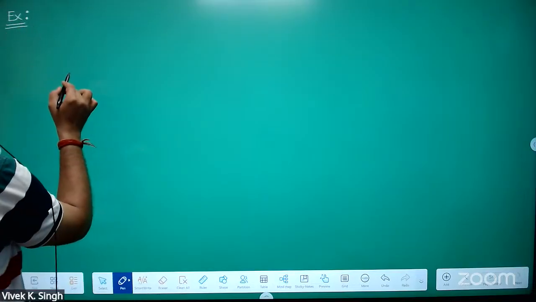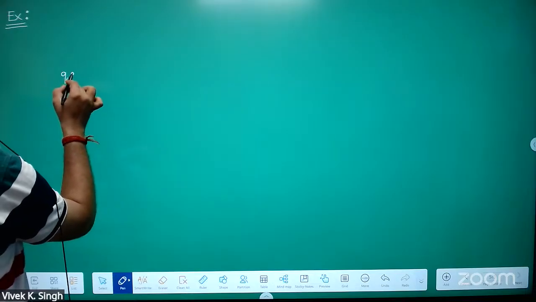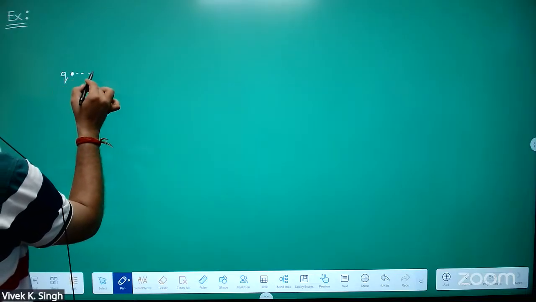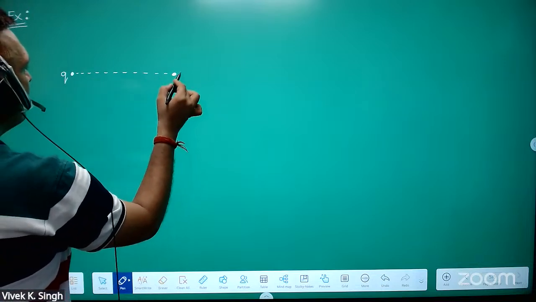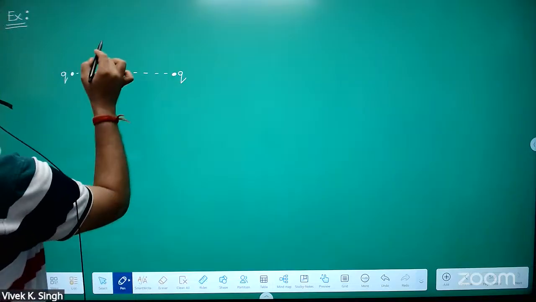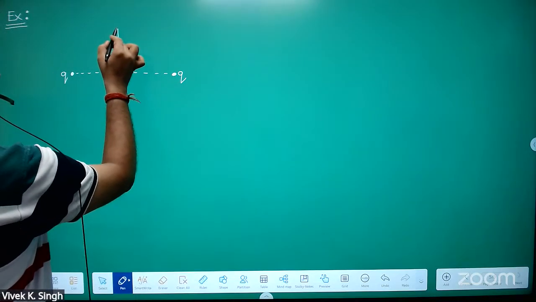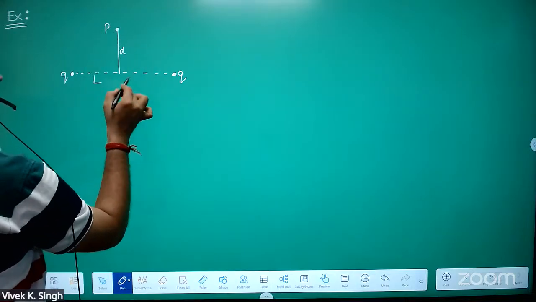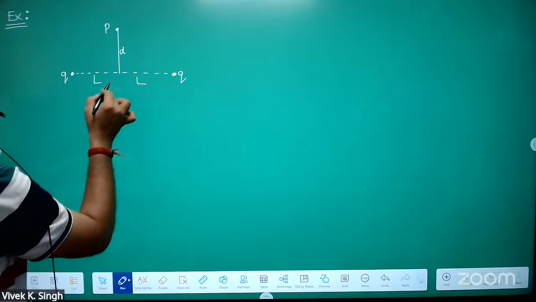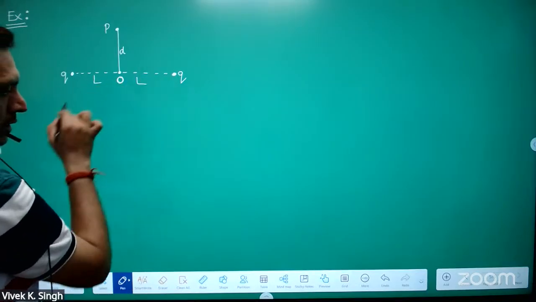First example: consider we have two point charges Q, and both charges are positive. Point P is D distance above the center of these charges, which are 2L apart, and this is the center of these two charges.